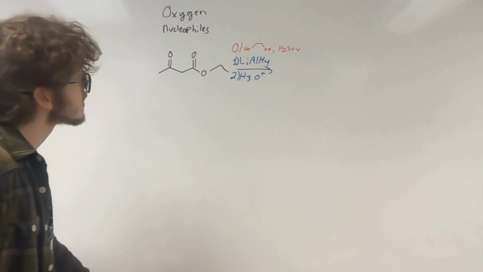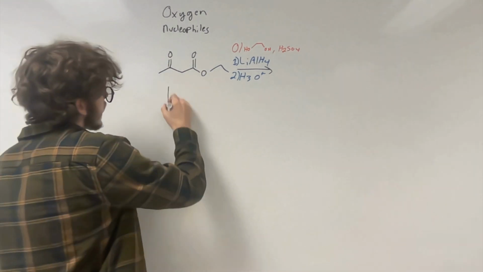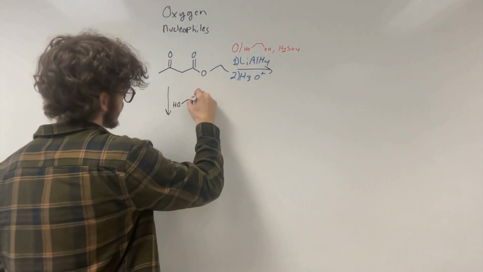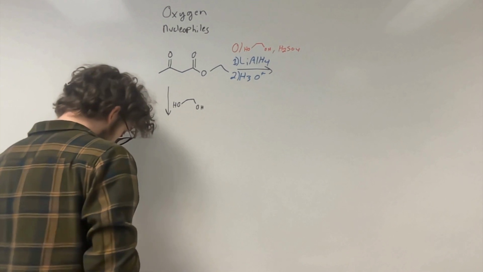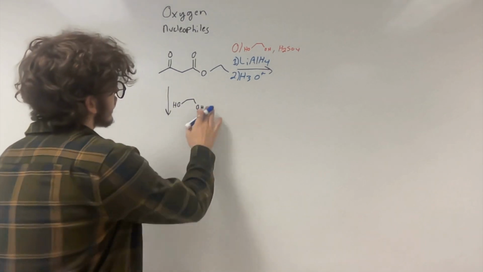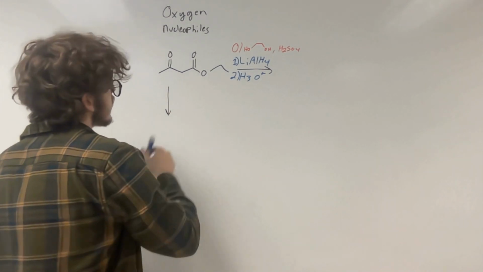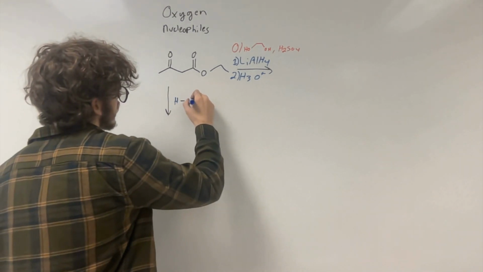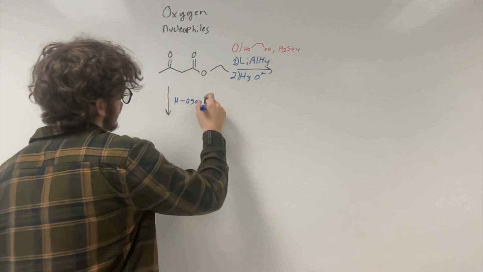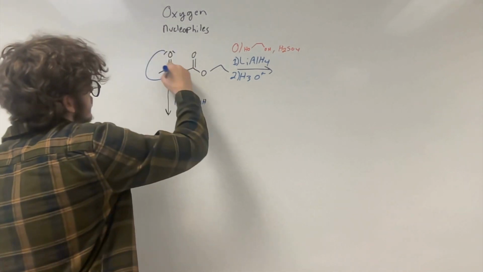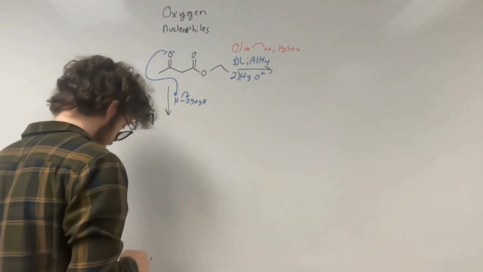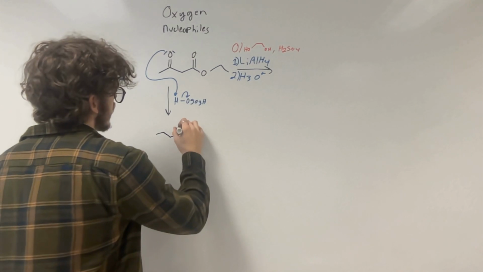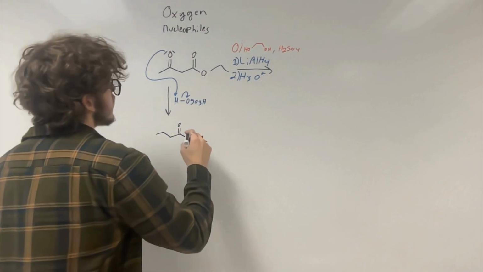So let's go through the mechanism here of how that works. This group will not attack the ester, which is really, really good. We need acid first. So acid comes in, takes a proton, and we get an activated carbonyl.